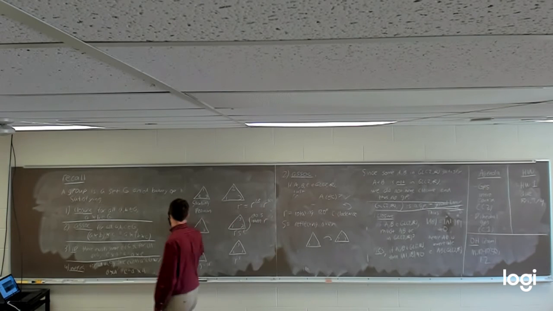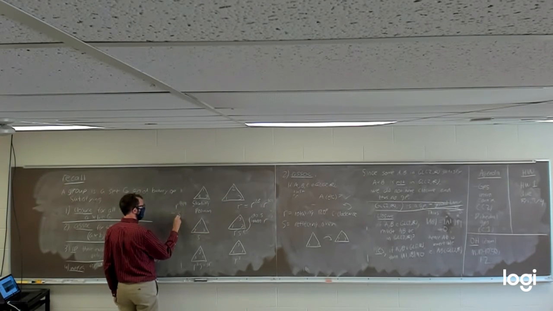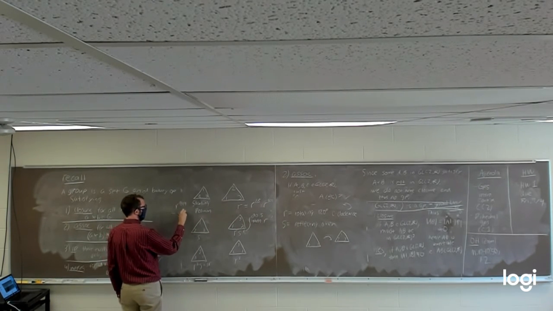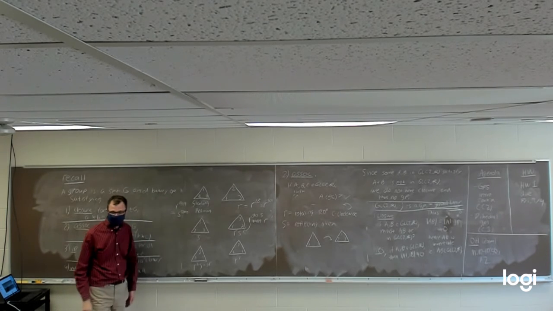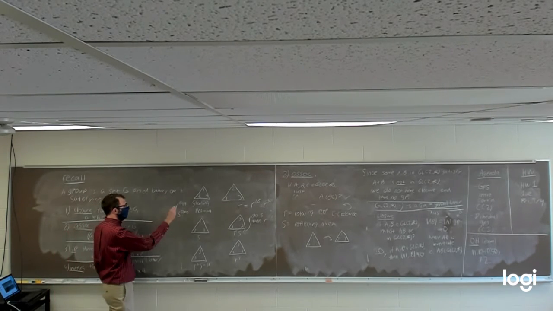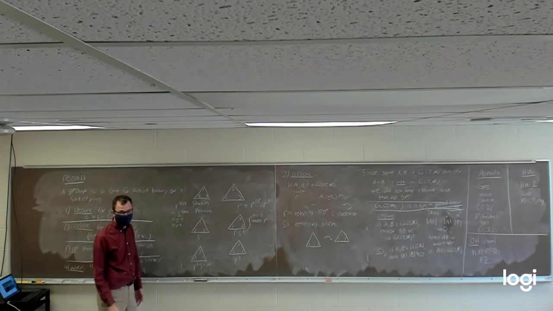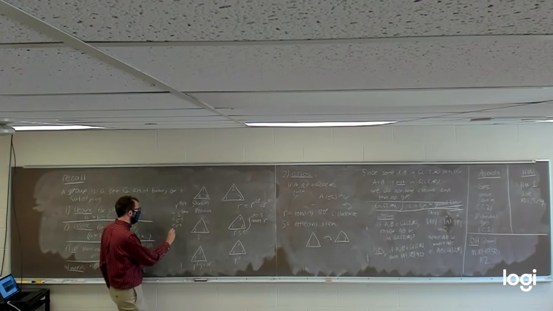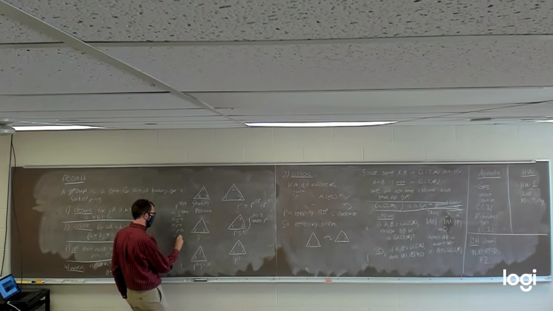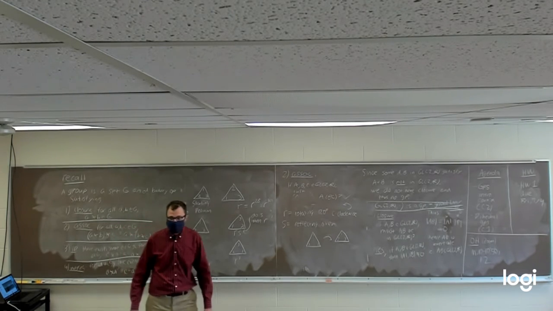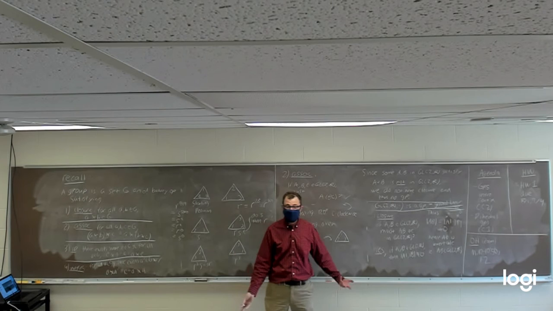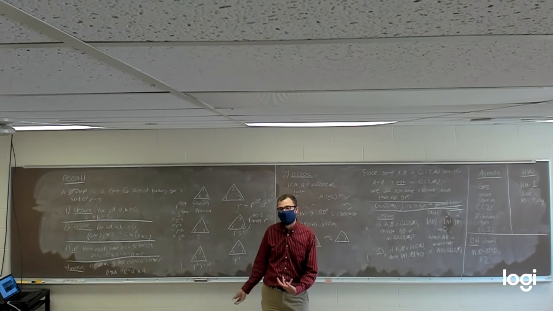So we could put r to the 999. We could do s to the 5,000. We could do, if we want to keep it simple, s squared or r cubed. Or if we want to be cheeky, we could do 0 reflections or 0 rotations, and that'll also get us there.